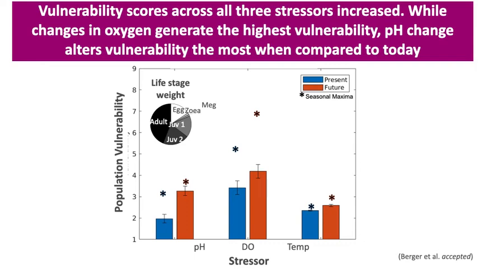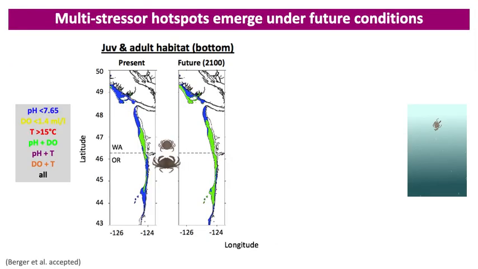These are annual, over the entire year. But if we wanted to think about the seasonal maximum exposure rather than annual averages, because of the seasonality of the system, then you could estimate the population level vulnerability with these stars, and see how much more important seasonality is for oxygen, because it experiences hypoxia only during the upwelling season.